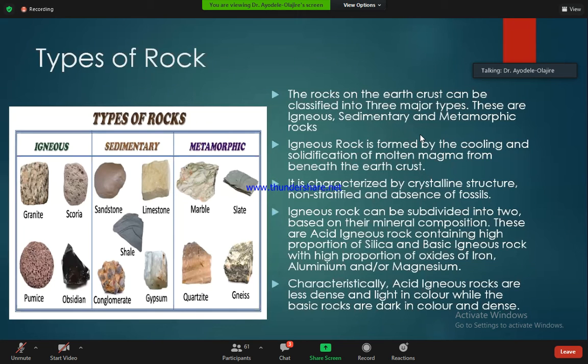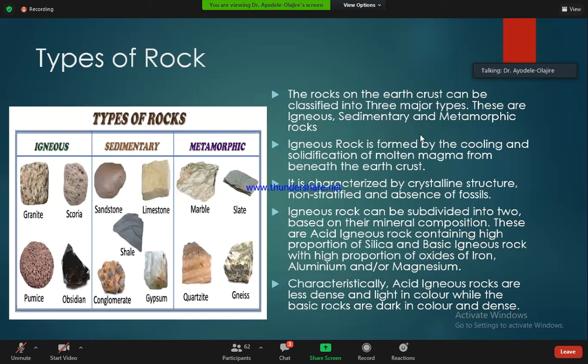So if you look at this picture that we have, igneous rock, a few examples, you have granite, you have scoria, you have pumice, you have obsidian. Obsidian is what has been used historically to make tools. So when we read of ancient man, you hear that his weapons were made from flint stone and all of that.